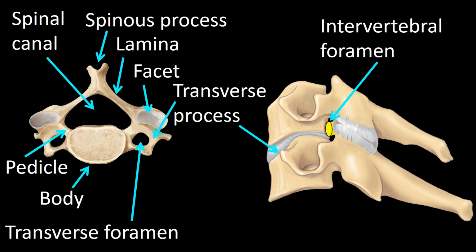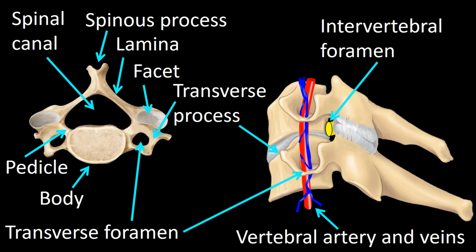The new arrow indicates the transverse process in the lateral view, and the second new arrow indicates the transverse foramen. Through this foramen, we have two types of vessels: the vertebral arteries and veins.